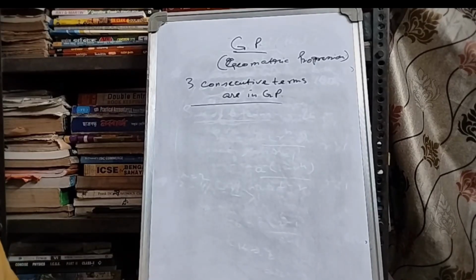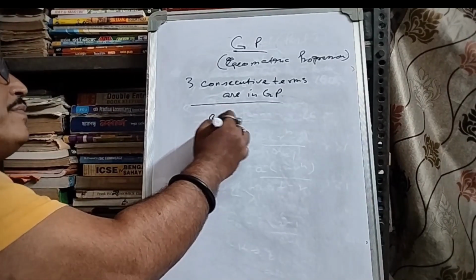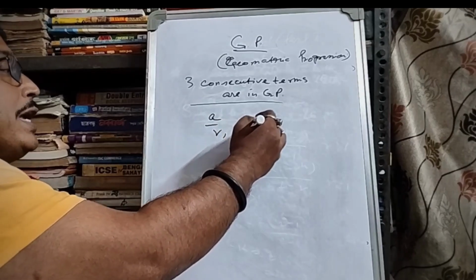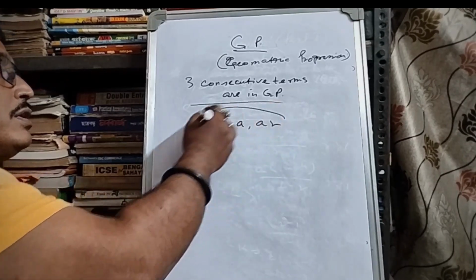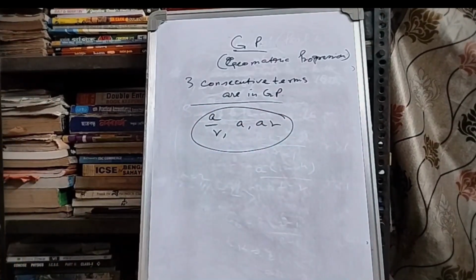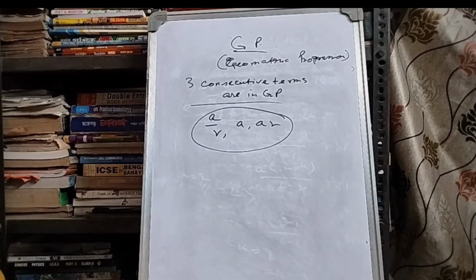At that time, take a by r, a, and ar as the 3 consecutive terms.